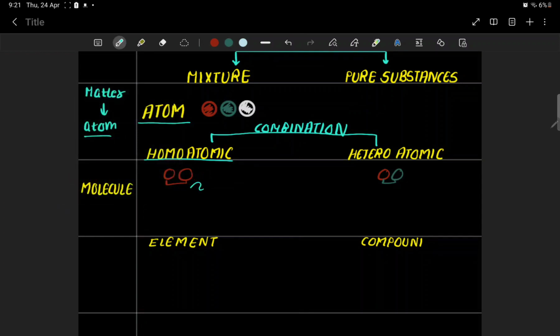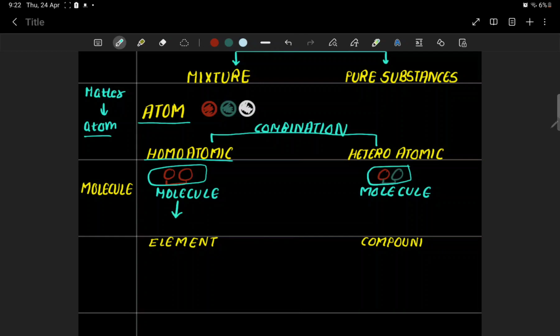So when two atoms combine, they form a molecule. Both of these are molecules. Be it the homoatomic combination or heteroatomic combination, the combination of atoms forms a molecule.